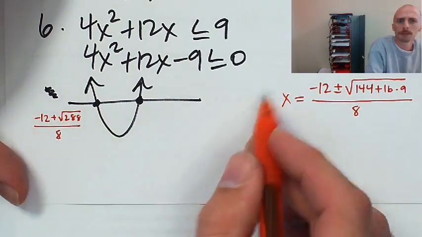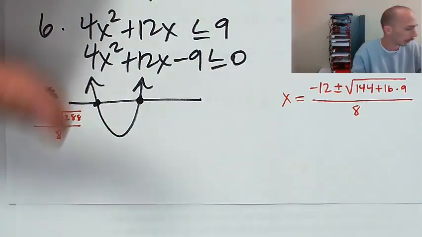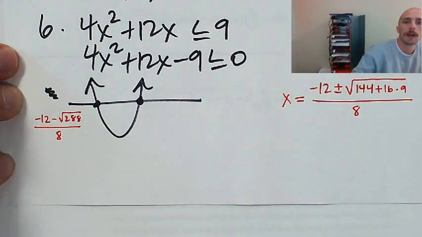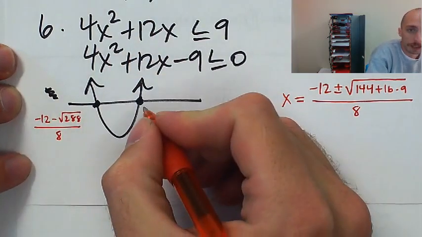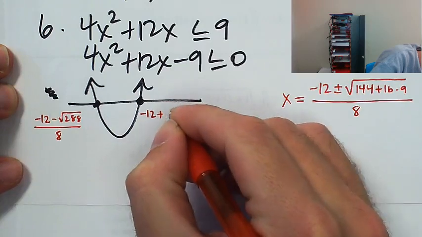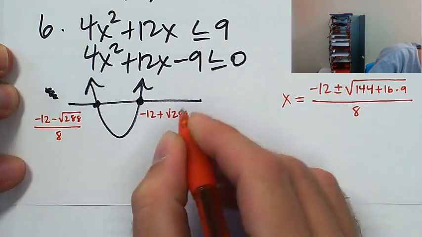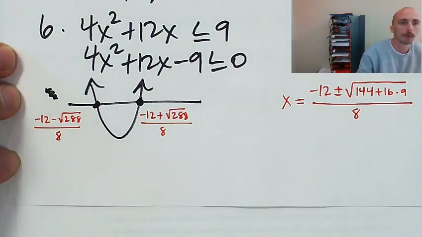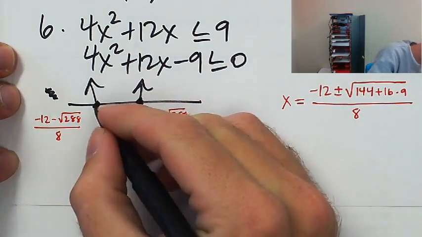No, that's going to be minus, pardon me. Plus or minus, the minus is going to go on the left. Okay. Just get an eraser. Meaning that this one on the right is going to be negative 12 plus the square root of 288, divided by 8.